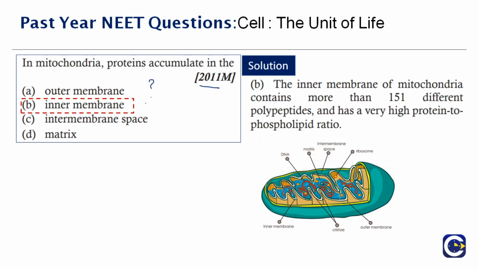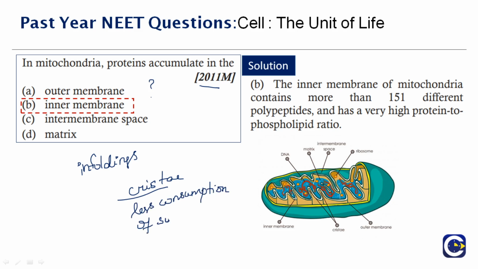We already saw in the earlier slide that the inner membrane will give rise to what? Infoldings. And what are the infoldings called? The infoldings are called cristae, right? And this allows a less consumption of the surface area.